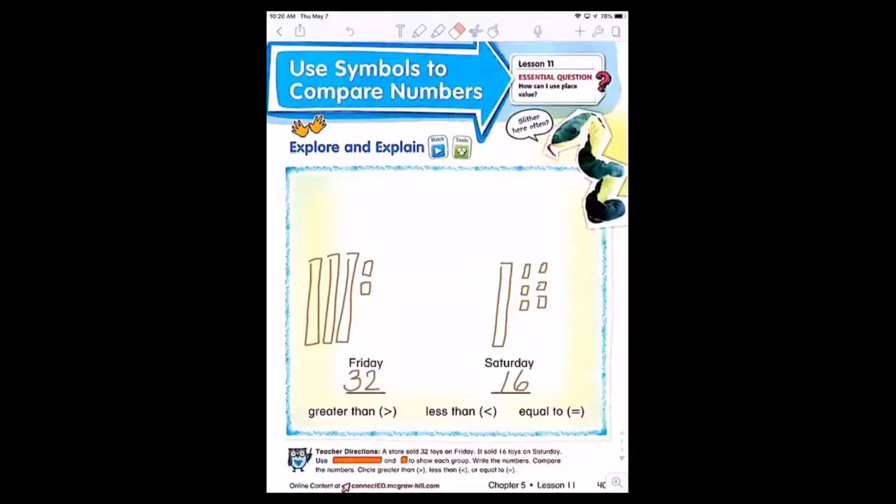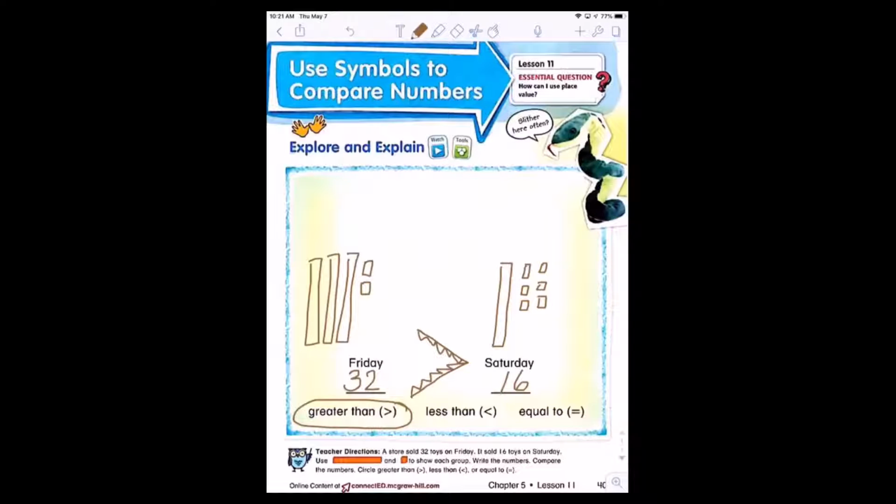Okay. So it's always with its mouth open, looking at the greater number. And when we are comparing numbers, are we looking at the ones or the tens?